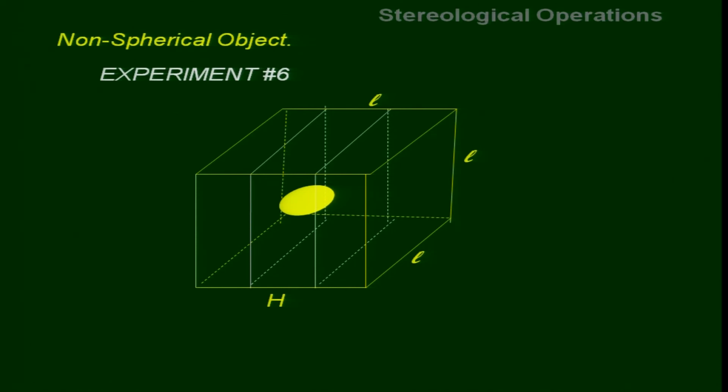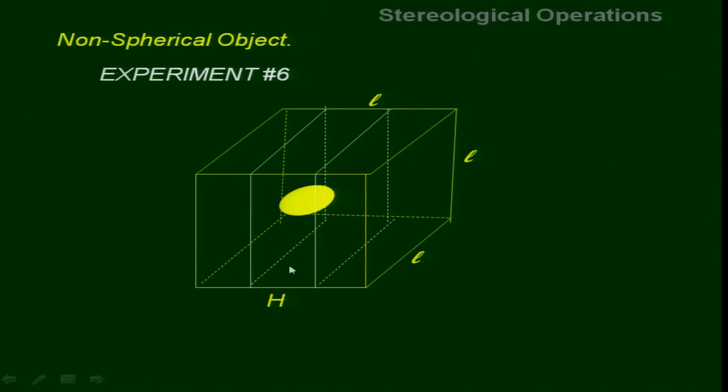The one I am looking at now takes a non-spherical object. Here, what would be the probability of a random plane parallel to this face of the cube cutting this non-spherical object? As you can see, for the 2 tangent planes that I have drawn, the distance between them would depend on the orientation of this non-spherical particle.